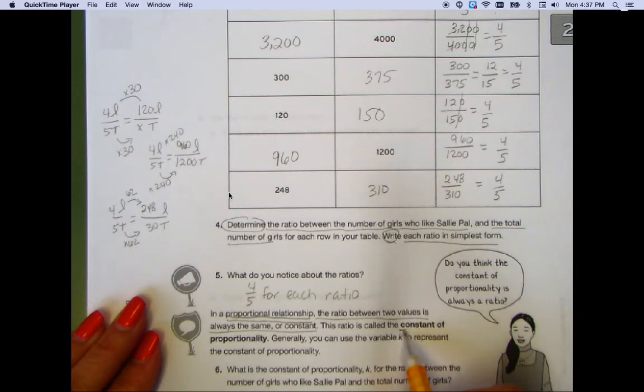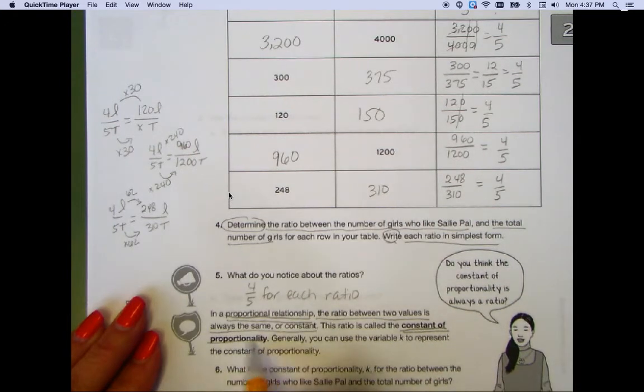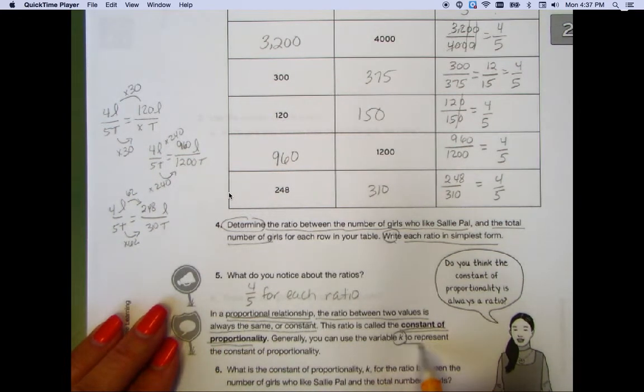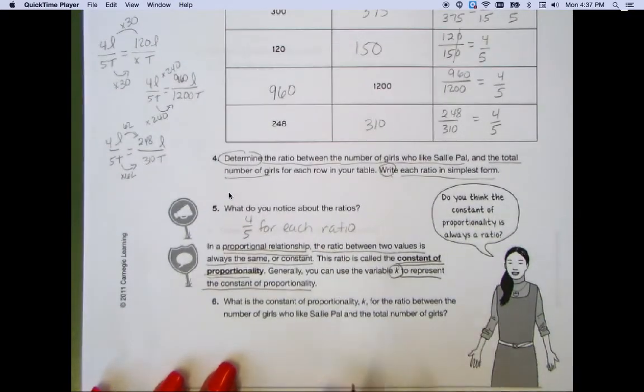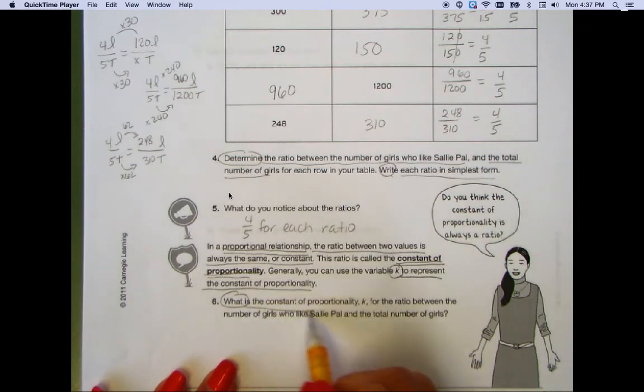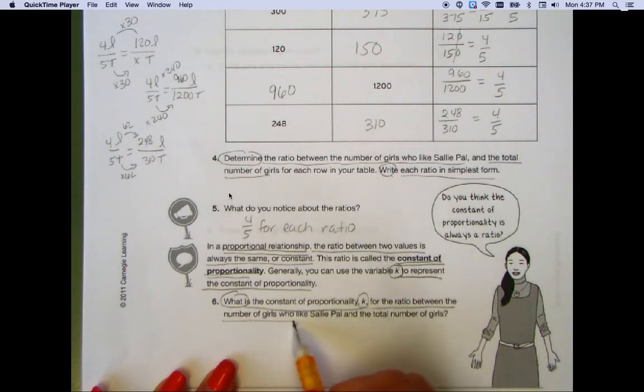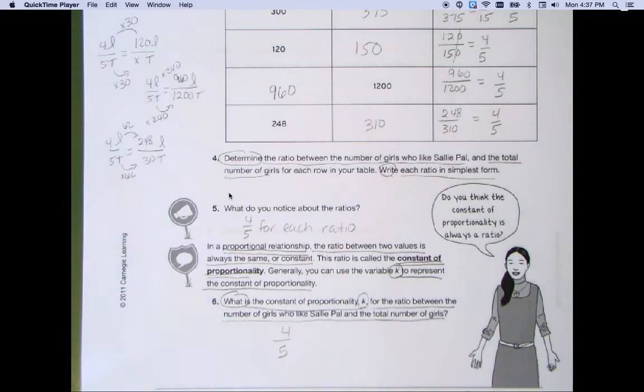The ratio is called the constant of proportionality. So 4/5 is called my constant of proportionality. Generally, we can use the variable k to represent the constant of proportionality. So what is the constant of proportionality for the ratio between the number of girls who like Sally Pal and the total number? That ratio is 4/5.